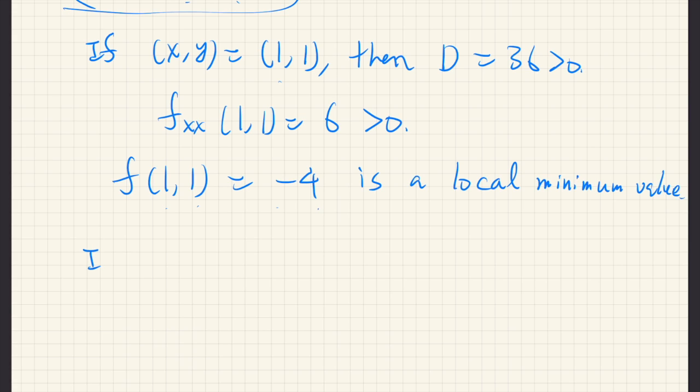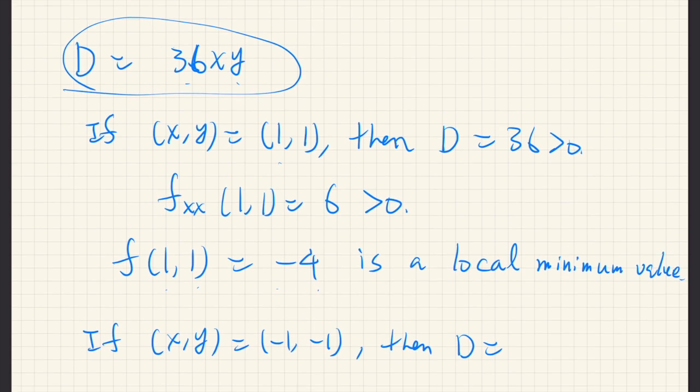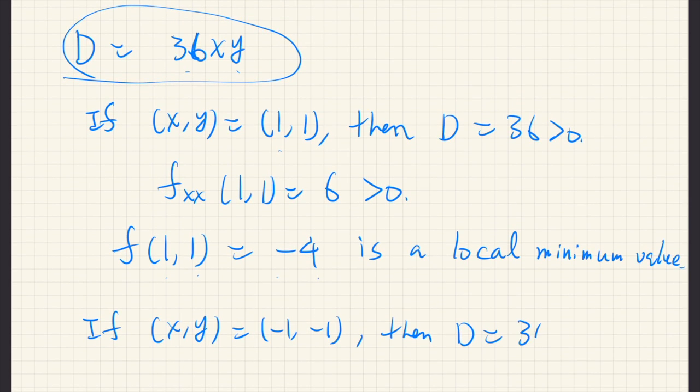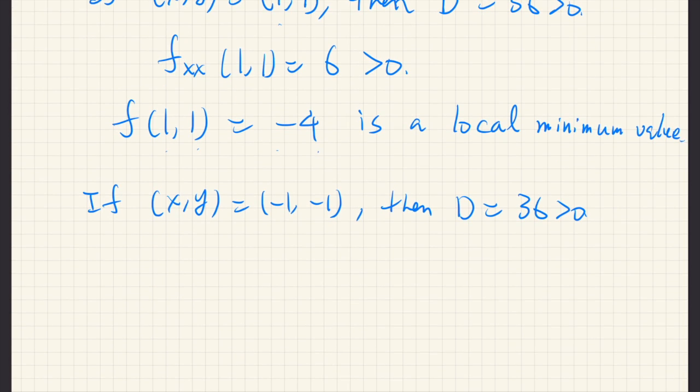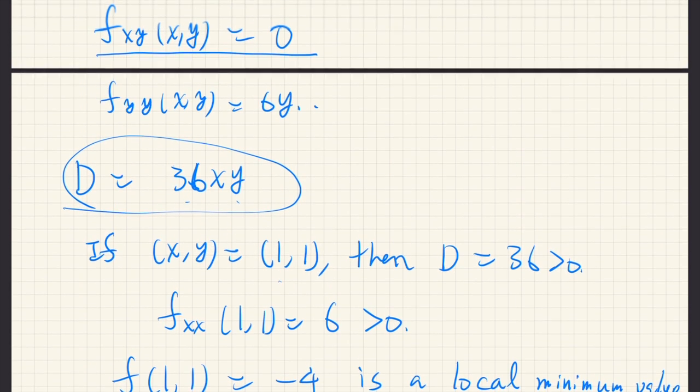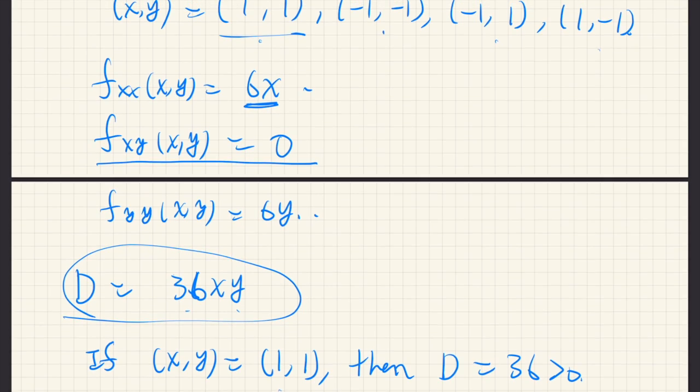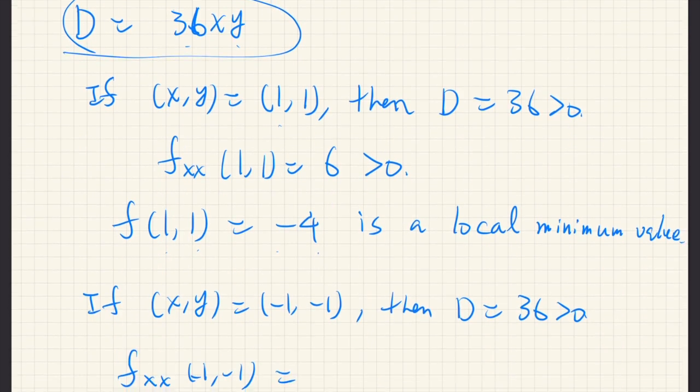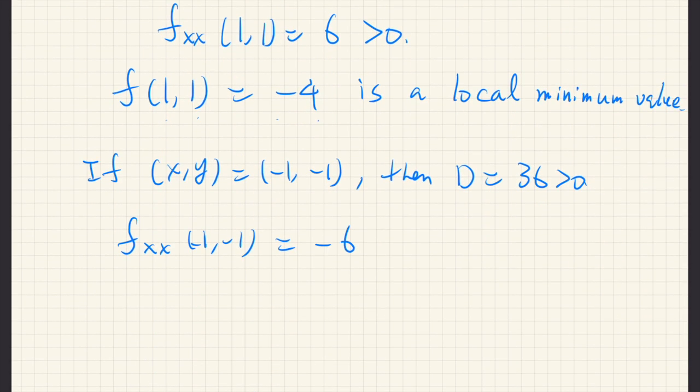Okay, now case 2. If (x, y) is equal to (negative 1, negative 1), then D is again 36. So that is positive. And what about the value of f_xx? Again, 6x. If we substitute x equal to negative 1, that's negative 6.